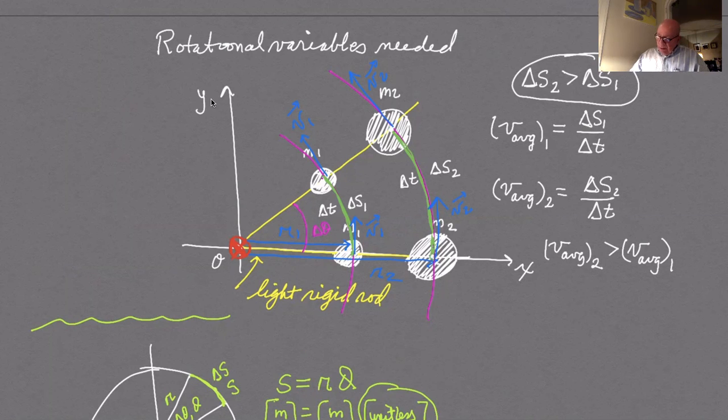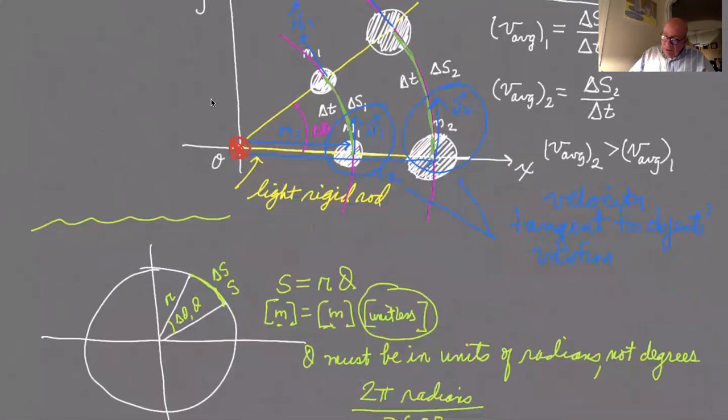Now we get some new language here. You'll notice that these velocities are tangent to the object's motion. So the velocity is tangent to the object's motion, and we give that a name now in rotational kinematics.